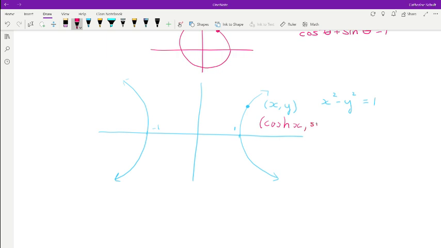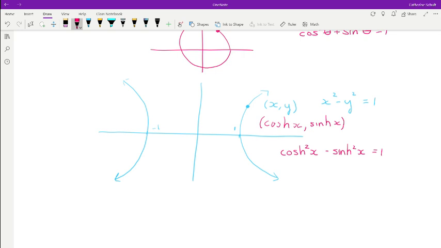And then instead of sine, it's going to be sine with an h of x, for instance, where cosh squared minus sinh squared is equal to 1. Okay, so this is what our hyperbolic functions are going to behave like.